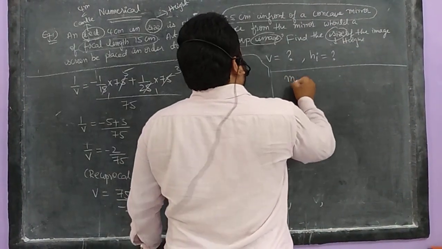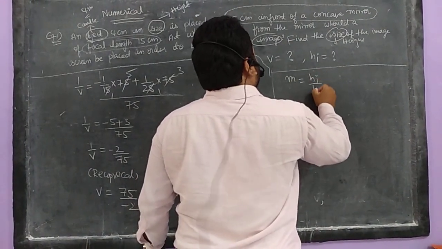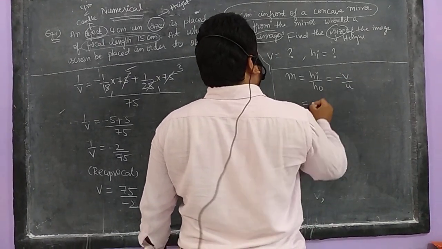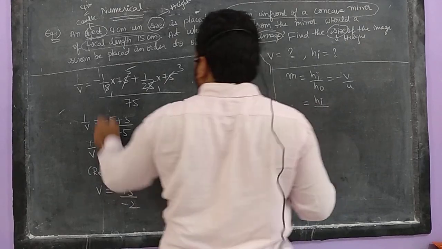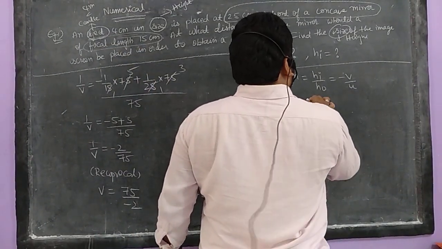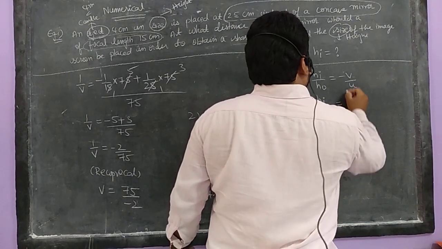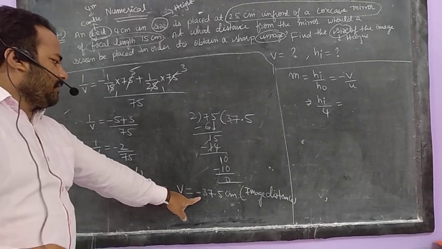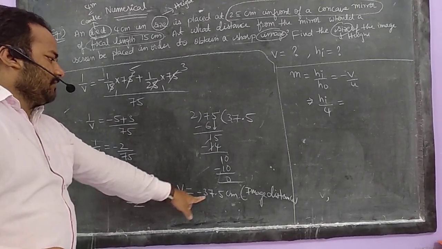So the formula, second formula, m is equal to hi by ho is equal to minus v by u. So we don't know the height of the image, question mark. Height of the object, we know that is 4 cm. So hi by 4 is equal to, in the formula it is given minus v. And the answer you got, image distance minus 37.5.